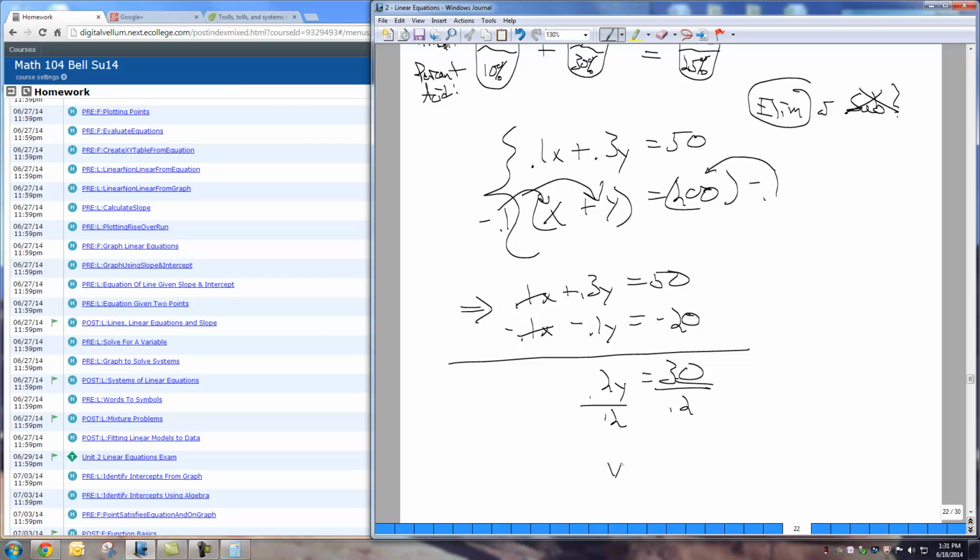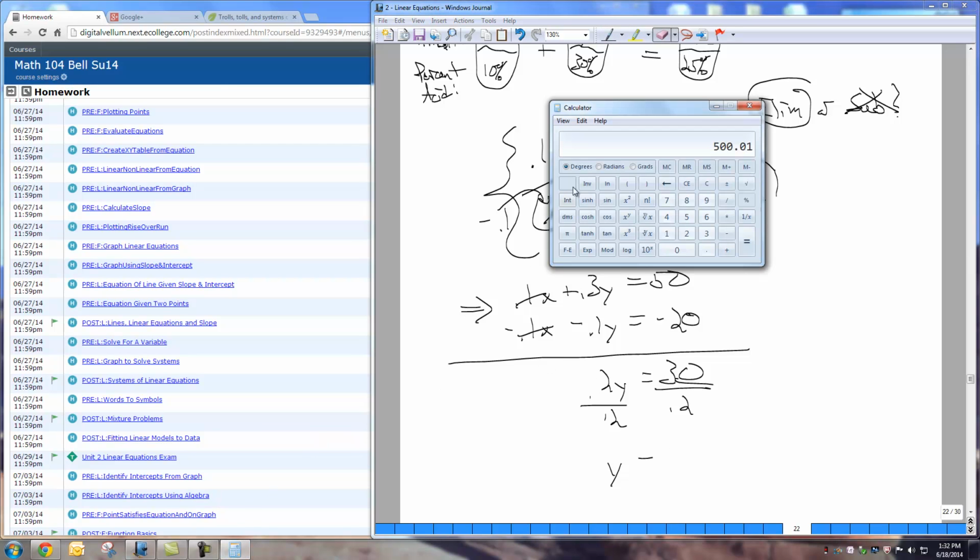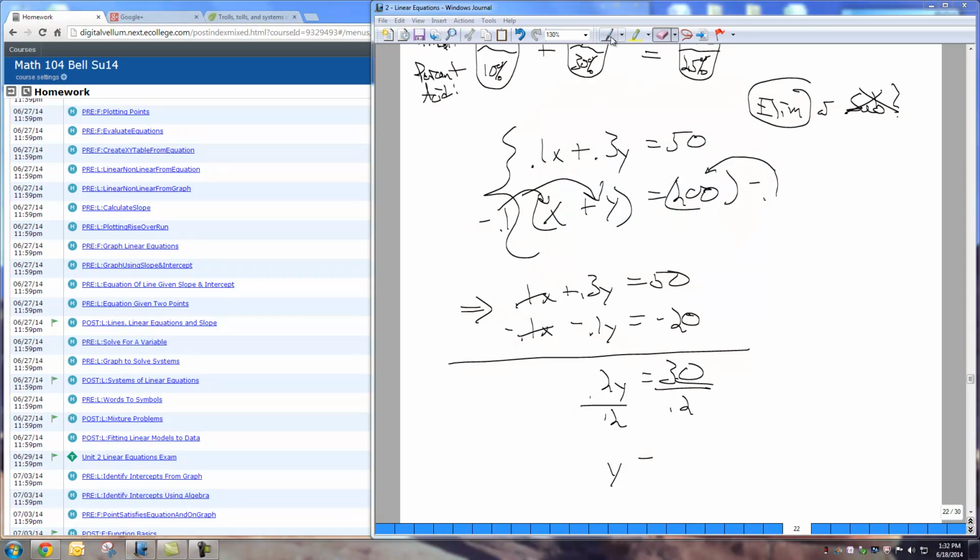And y equals 15. No, let me look at that. 30 divided by 0.2 equals 150. I was off by 10 because I tried to do it in my head. That's why you always use the calculator on this stuff.